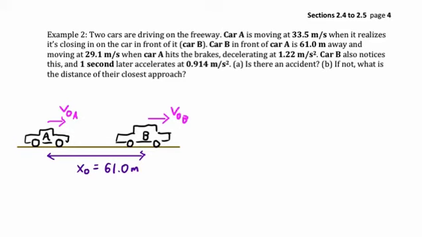Now we're going to find out if the accelerations in fact make the difference, because car A is moving at 33.5 meters per second initially, whereas car B is only moving at 29.1. It may not seem like that big of a difference, but 61 meters isn't a lot of ground to cover. Okay, so that's our initial setup, our initial information.